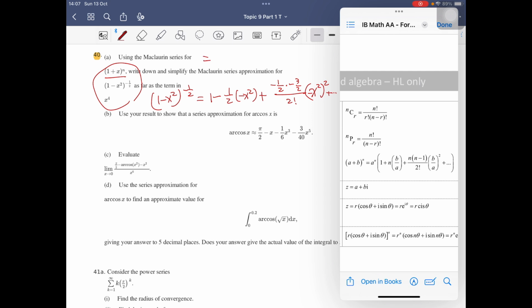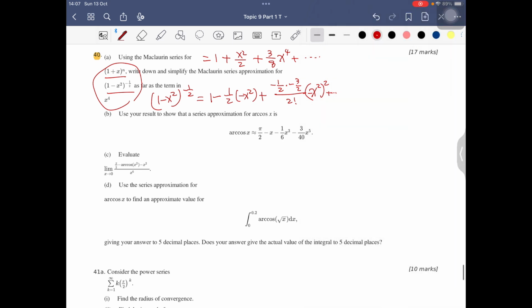So here, 1 plus x squared over 2 plus 3 over 8 x to the power of 4 plus so on. So this is this one. This is 1 over x squared.